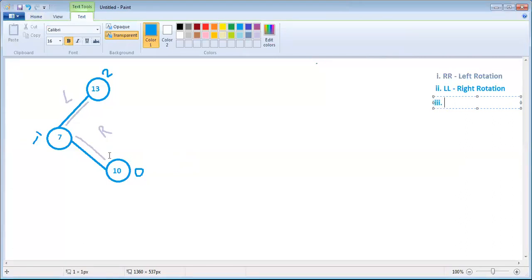If you get LR, from the bottom you have to do the rotation, that is left and then right you have to do.